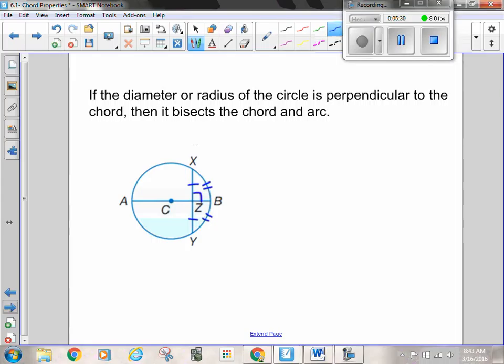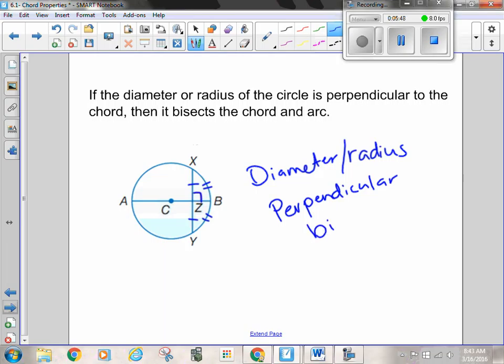So those two pieces are congruent to each other. That makes the diameter or the radius a perpendicular bisector. It's perpendicular to my chord and it bisects it.